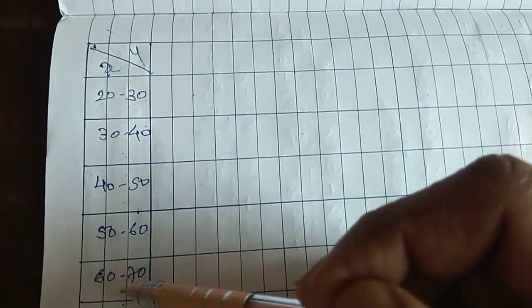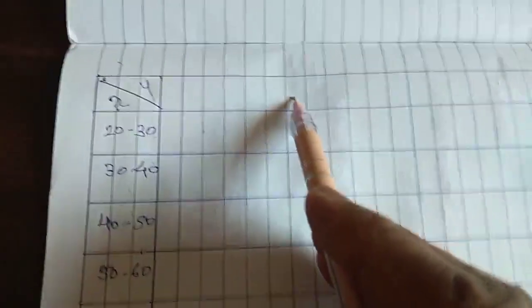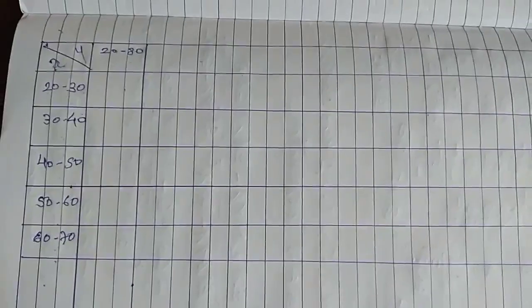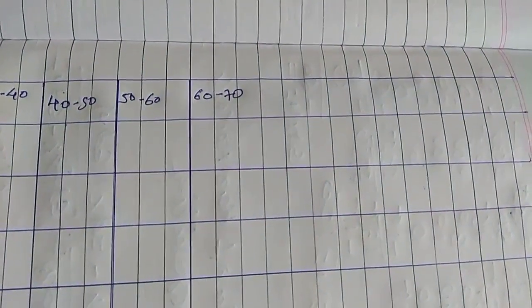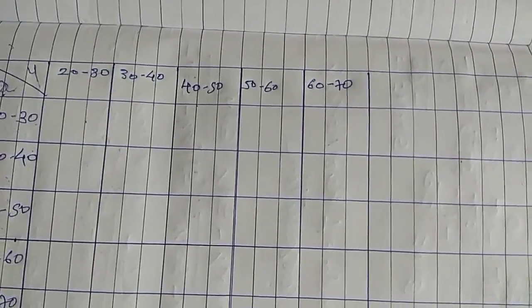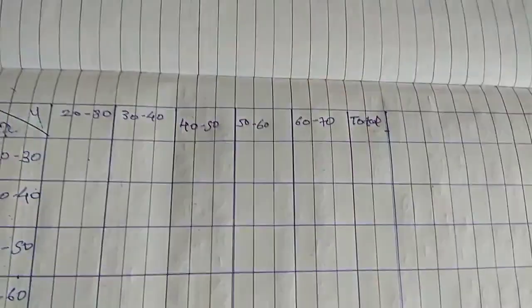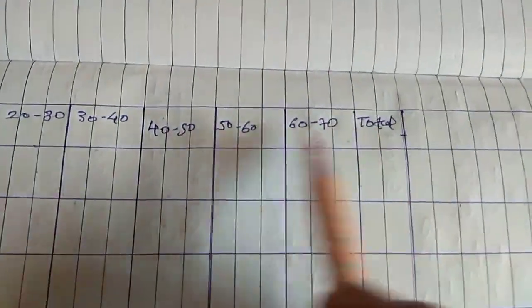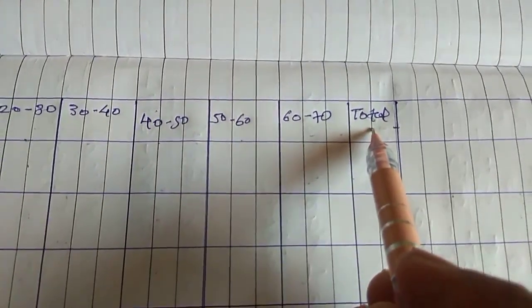Okay, the same thing we have to do for the Y series here. Now here also we keep some space below every group and after that lastly write here total.